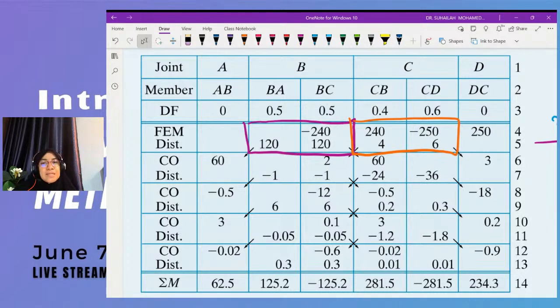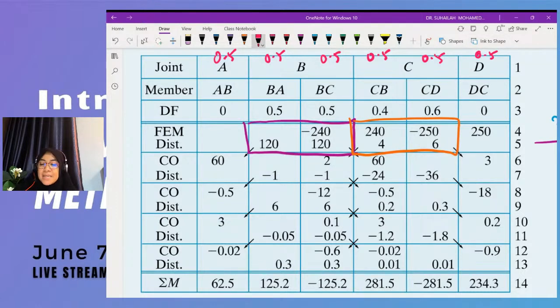So based on this, all will use 0.5. For AB, A is fixed, 0.5. BA internal 0.5. BC internal 0.5. CB and CD internal 0.5. DC and D is also 0.5.